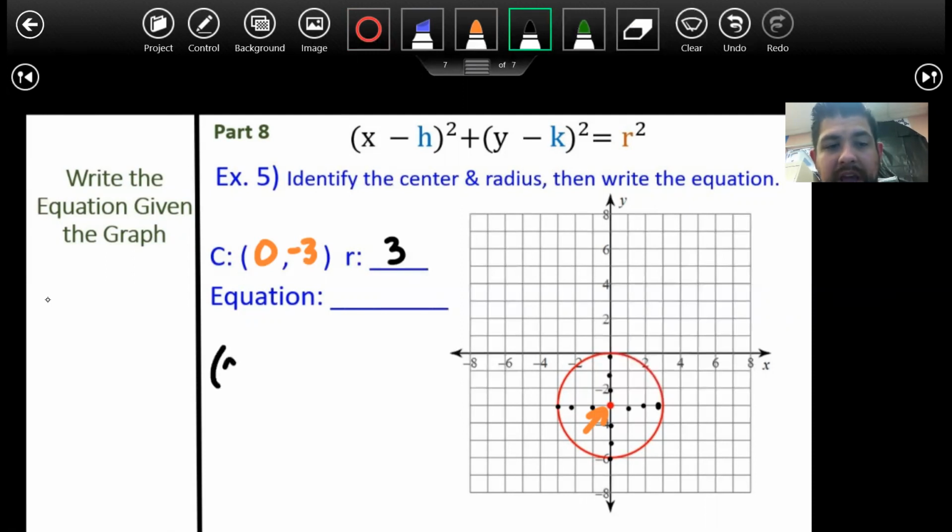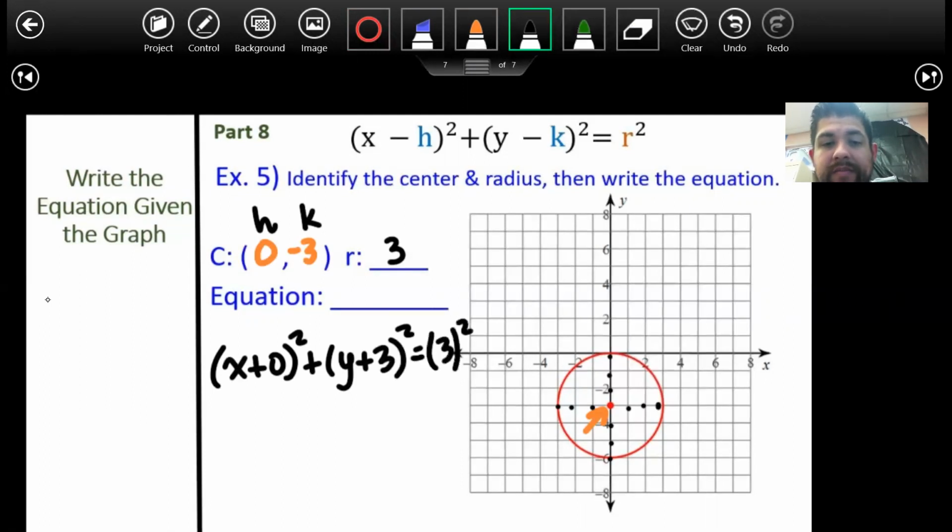We're going to get x plus 0, that corresponds to the h value, squared plus y. The k value is -3, so to plug it back in, we do the opposite, is equal to 3 squared. R is our radius, so it's very simple for us to correspond that.